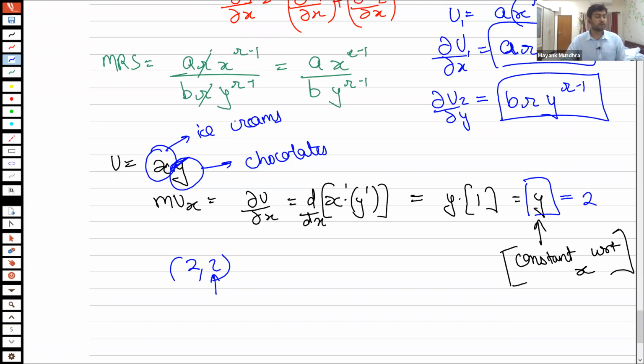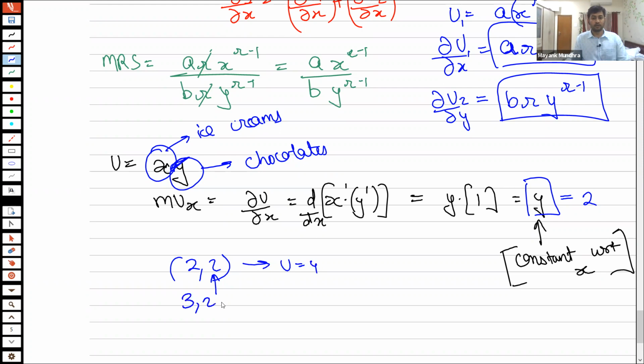So when you go from 2, 2 to 3, 2, your utility changes because of an additional unit of ice cream. Your utility will go up by 2 units. So the marginal utility of the third ice cream that you have: at 2 comma 2, your utility is 4.